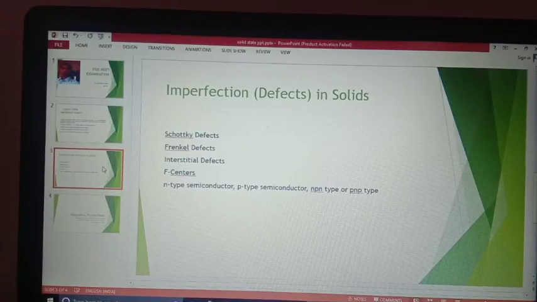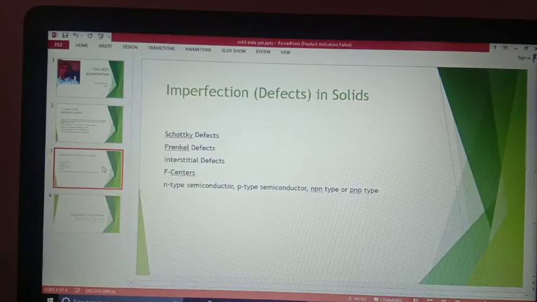So know the definitions and their examples. For example, silver bromide, AgBr, shows this defect. If you know the different defects and their examples, you can solve the questions on defects which come in your examination.